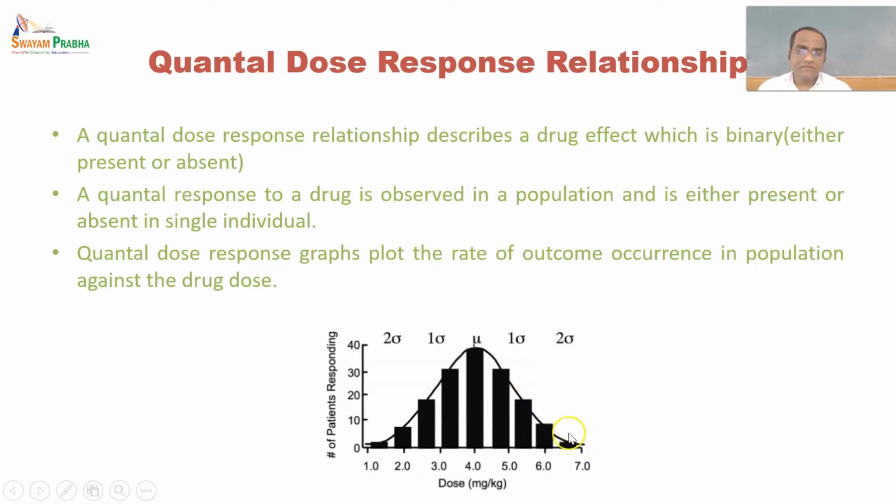Some patients will respond at 7 milligram per kg, some a little bit more will respond at 6. But the maximum number of patients will show a response at this 4. So we can say that 4 is the standard one.